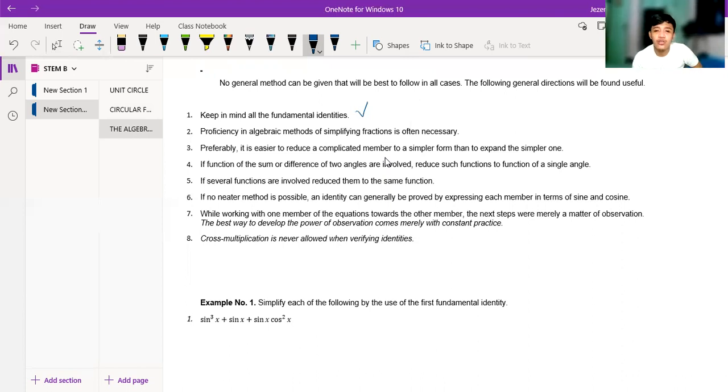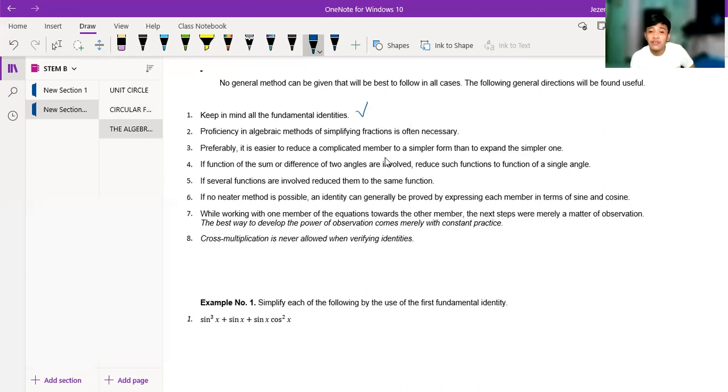Preferably, it is easier to reduce a complicated member to a simpler form than to expand the simpler one. So, of course, it is easier when proving to reduce or simplify. Or we choose the more complicated part, then that is what we simplify, toward the look of the simpler part.